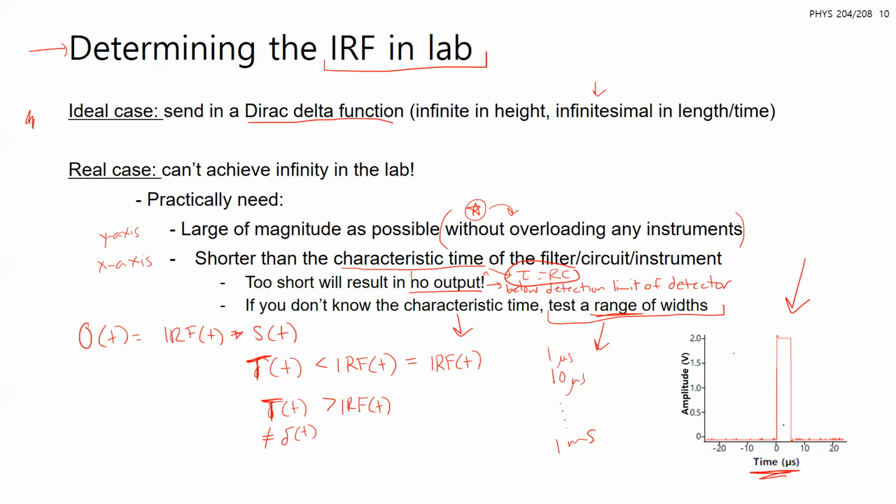That's going to be shorter than that. And maybe if your expected characteristic time is 10 microseconds, this might be a little bit too long, but again, you need some area underneath here to overlap with your instrument response function to produce some type of output.